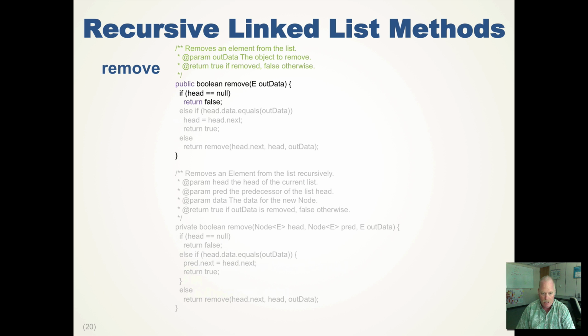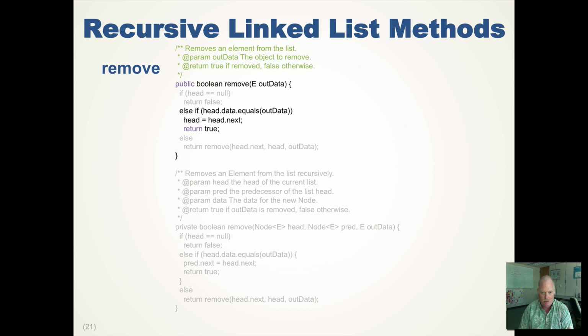Remove is slightly more complicated because again, with remove, we need to have a couple other cases. For example, in the public one, if the list is empty, we can't remove anything, so we return false. And then we have the special case that the head is the thing we're removing, so we just do head equals head.next, so that skips over.